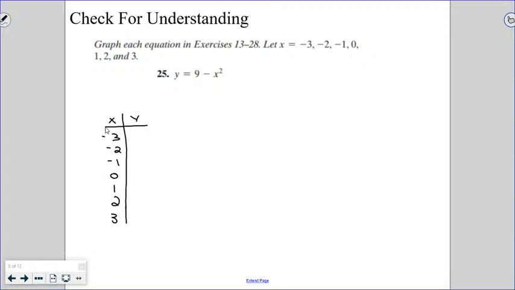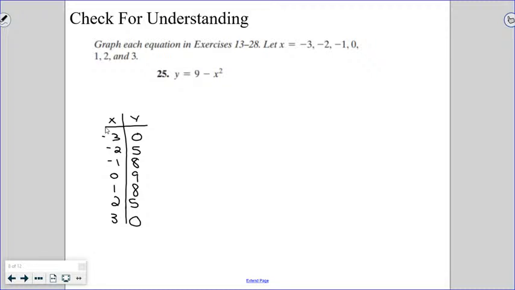Subtracting this from 9, so that would be 3 squared is 9. 9 minus 9 is 0. That'd be 4. 9 minus 4 is 5. 9 minus 1 is 8. 9 minus 0 is 9. 8, 5, 0. Those are the values we should have gotten. Questions? Nope.